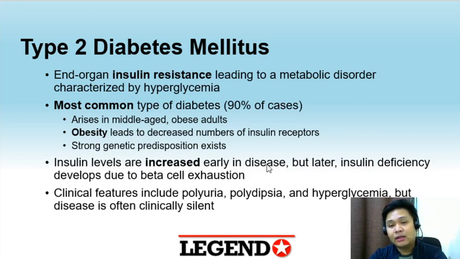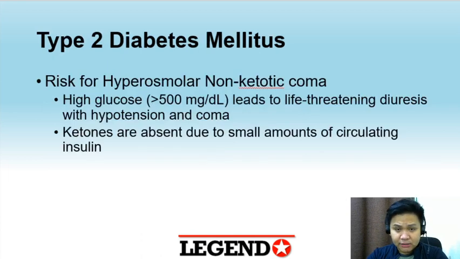Okay? Clinical features also have polyuria, polydipsia, as well as polyphagia, and of course you have hyperglycemia. But unlike type 1 diabetes mellitus, the disease is often clinically absent. Patients with type 2 diabetes mellitus rarely develop diabetic ketoacidosis.